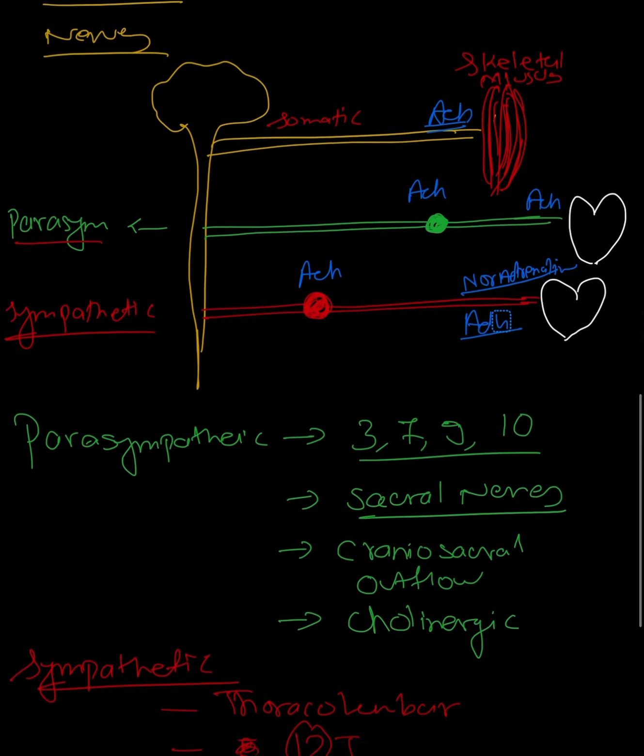Now we will make a chart about receptors. We will deal with the receptors. Based upon the neurotransmitter or the type of nervous system, that is parasympathetic or sympathetic, there are two types.